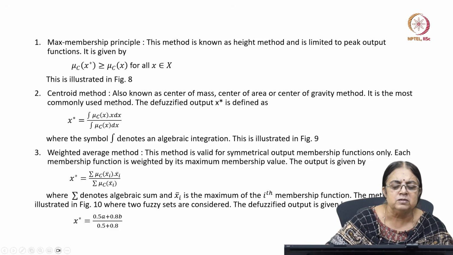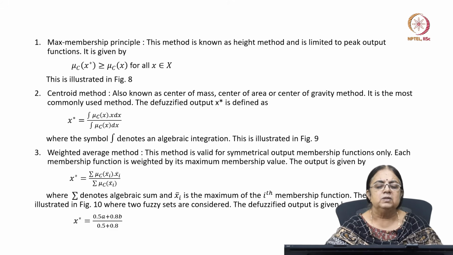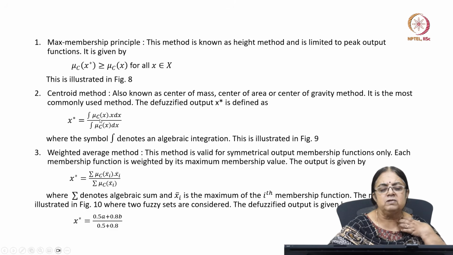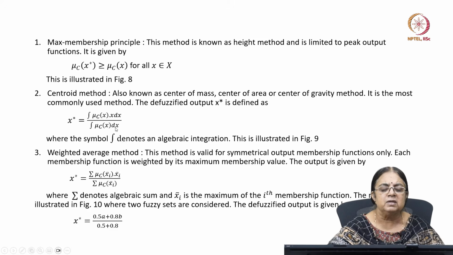The second method is called the centroid method. In the centroid method, you are taking the center of mass, also called the center of area or the center of gravity method. You take the membership value, multiply it by the x at that particular membership value, and divide it by the addition of all the membership values that you have. That is equivalent to what is done here.